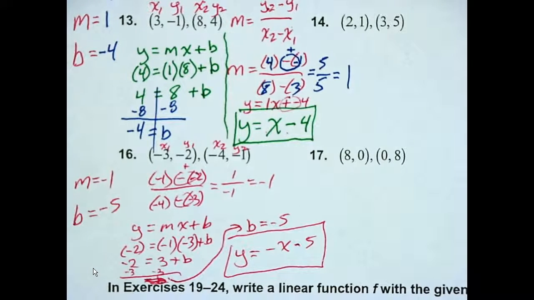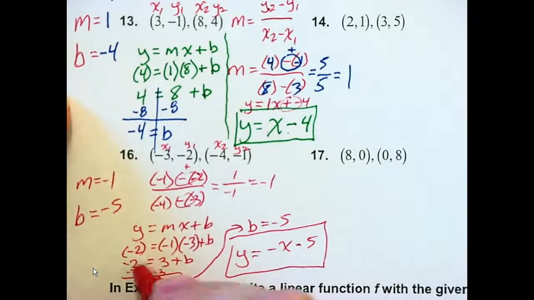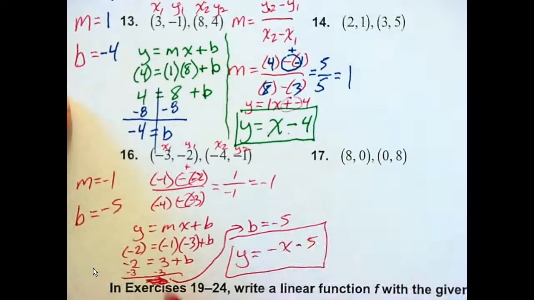All right. How many got it? -x minus 5? So right here I kind of ran out of room, so I had to do -2 minus 3 is -5, and I'm left with b.